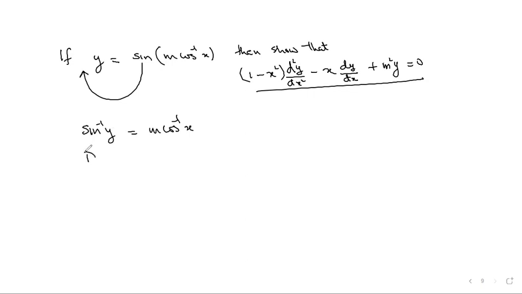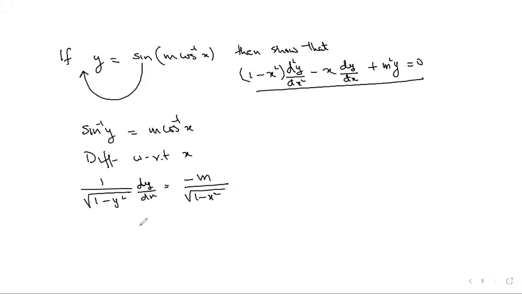So if you differentiate this, you will get the terms that are present in your answer. 1 by root 1 minus y square into derivative of y is minus m upon root 1 minus x square. Now cross multiply, square and differentiate it, you will get the answer. I want you to do it yourself at home.